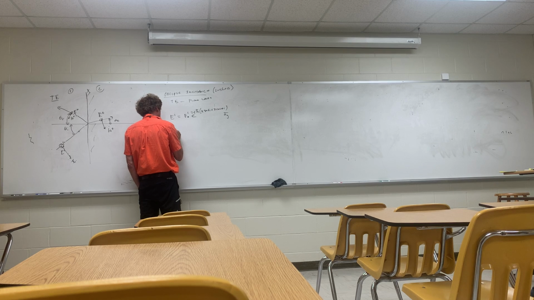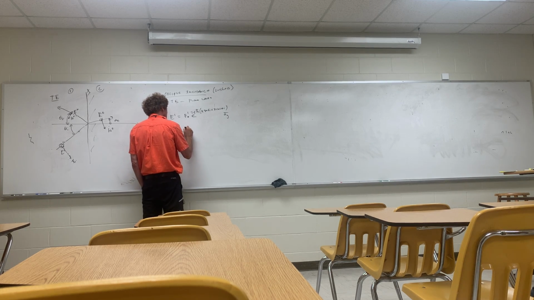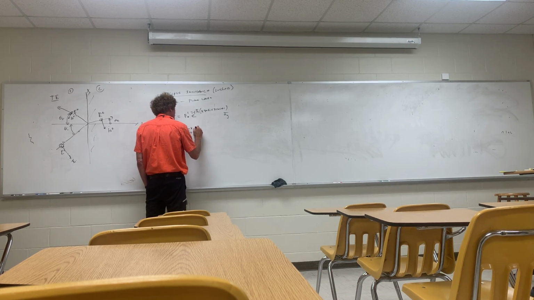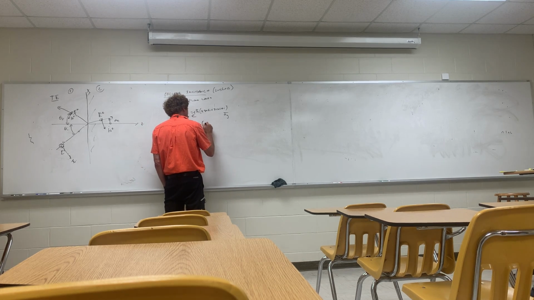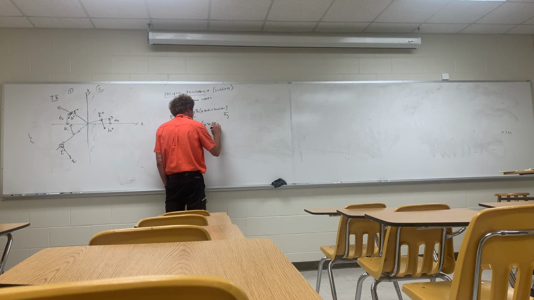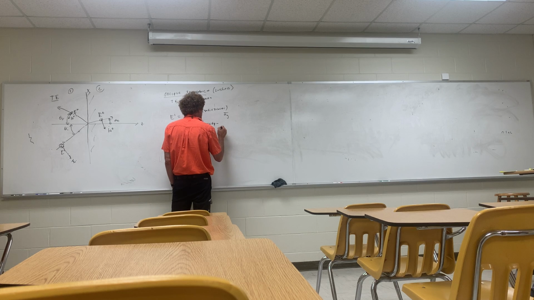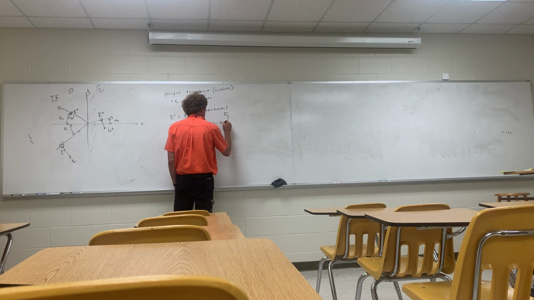There's going to be an actual reflected electric field. It's going to have some E naught reflected, e to the minus j beta 1, and it will have x times the sine of theta reflected, but it will be minus z cosine of theta reflected. I'll get to the reason for that in a second.